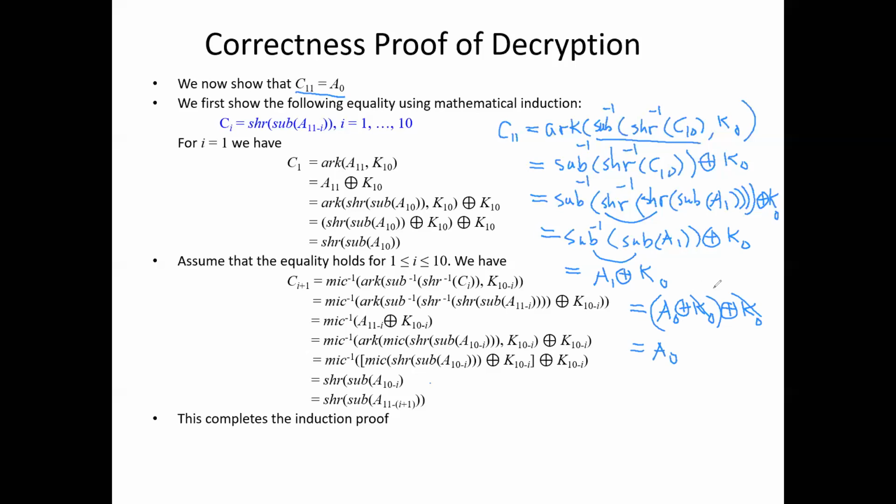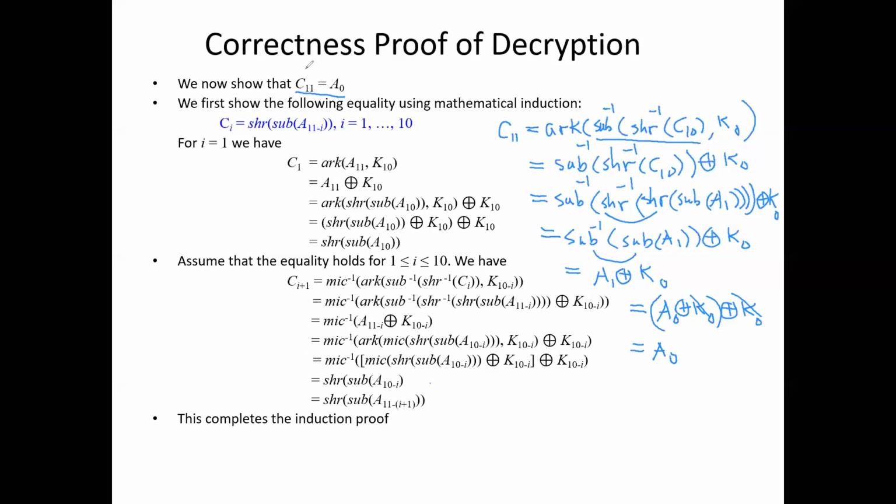The same thing exclusive or itself. K0 exclusive or itself is 0. Okay, so that is why. If we prove this, then we can show the correctness of AES decryption.